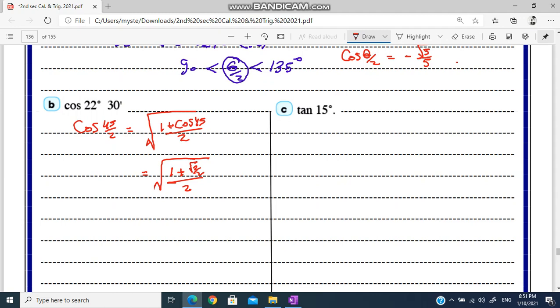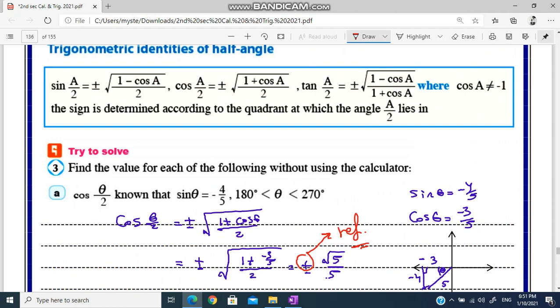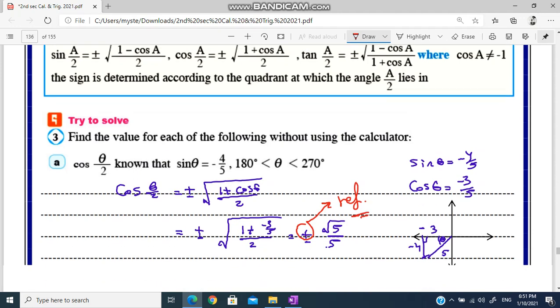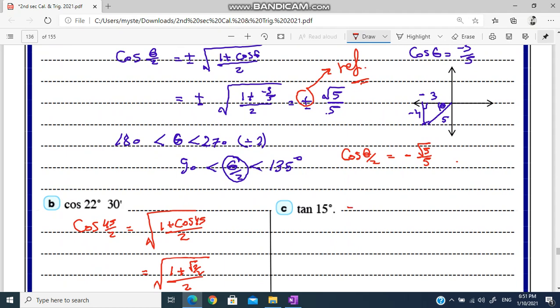And the next one, tan 15. For tan 15 we can use the third law, positive or negative root of (1 minus cosine) over (1 plus cosine) of the double angle. So it will be tan 30 over 2, which equals, I will take the positive root, not the negative, because 15 is in the first quadrant, root of (1 minus cosine 30) over (1 plus cosine 30).